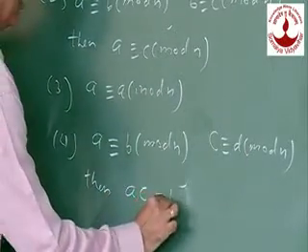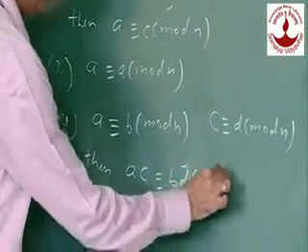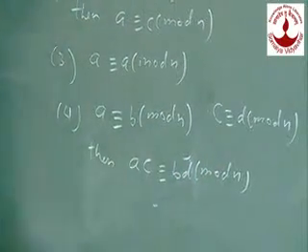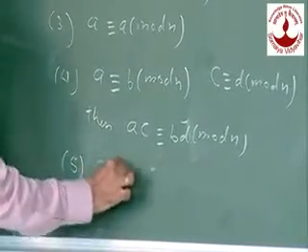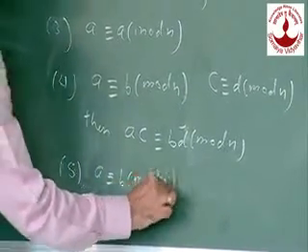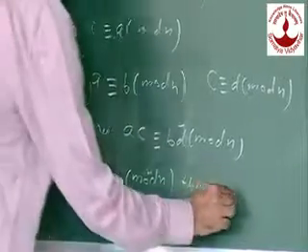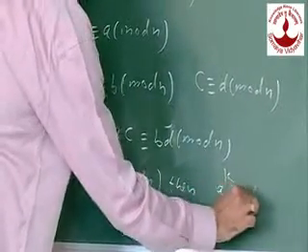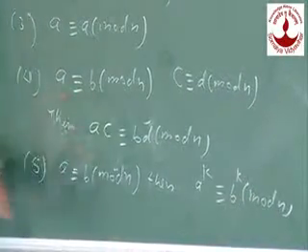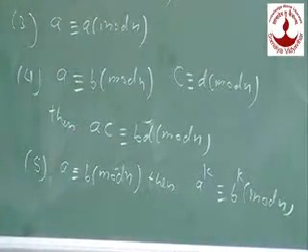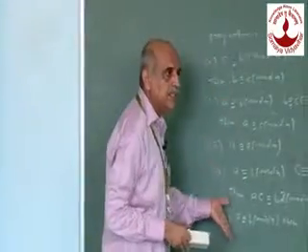So ac will be congruent to bd modulo n. And for today's part we need one more: if a is congruent to b modulo n, then a power k will be congruent to b power k modulo n. There are various other properties, but for today's discussion we need only these 5.